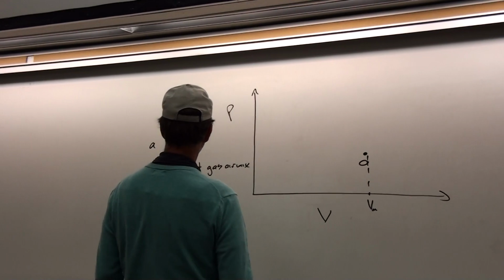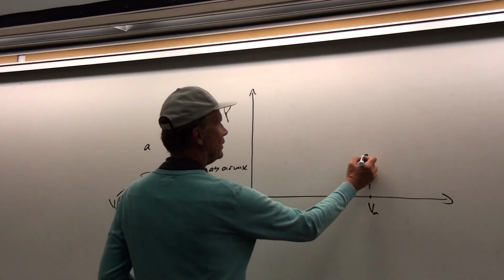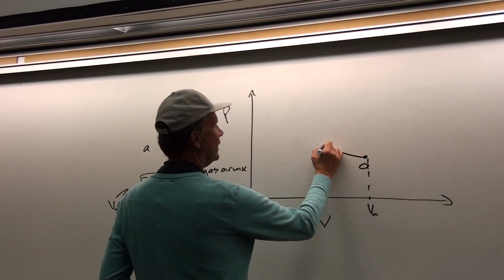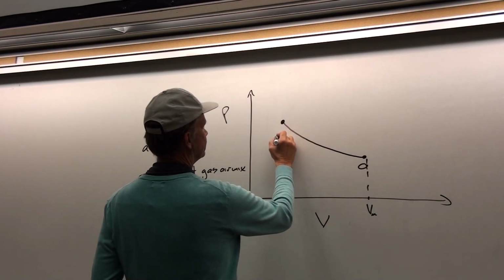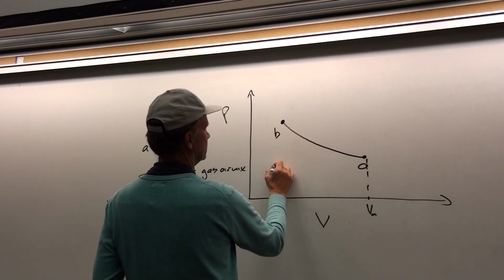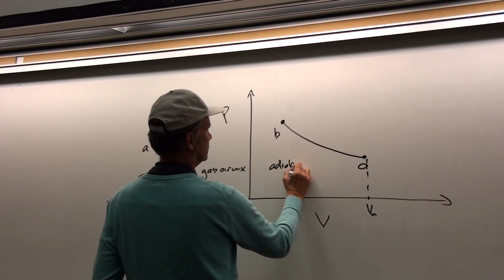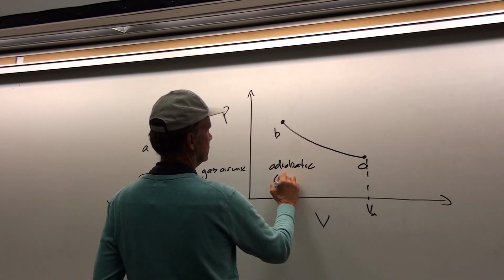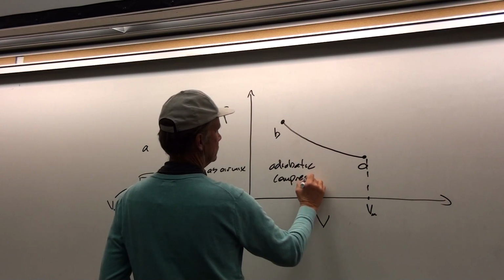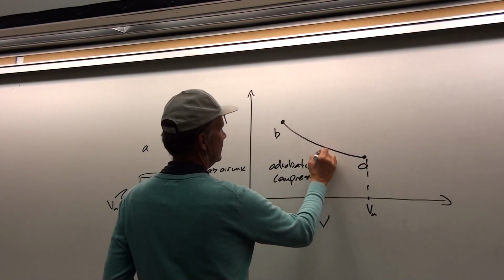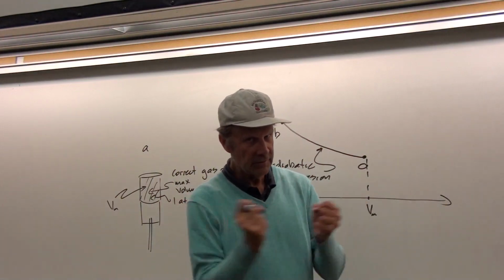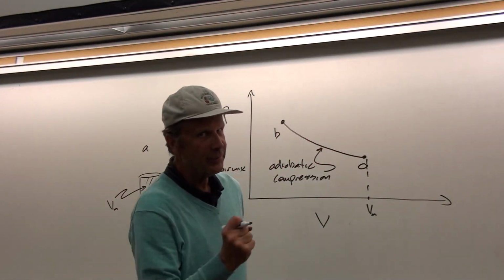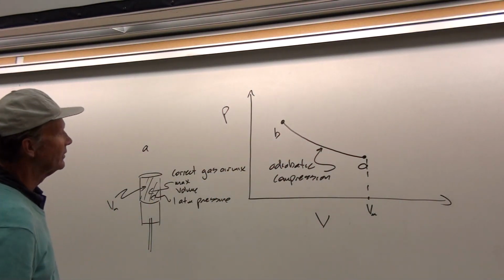And now what we're going to do is close everything up and compress it to point B, adiabatically. What does this mean? It just means we'll do it fast. These pistons are going up and down really fast.